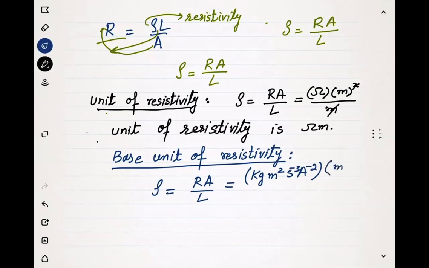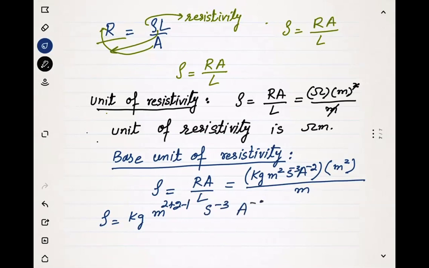Then for area it is meter square. For length it is meter. So the final form of the base unit of resistivity will become kilogram meter power 2 plus 2 minus 1, second power minus 3 and ampere power minus 2.